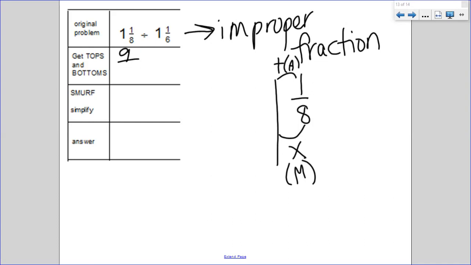The last thing, D, stands for denominator. You need to put this number you just got over the original denominator of 8. So let me erase this here and let's do the next one.